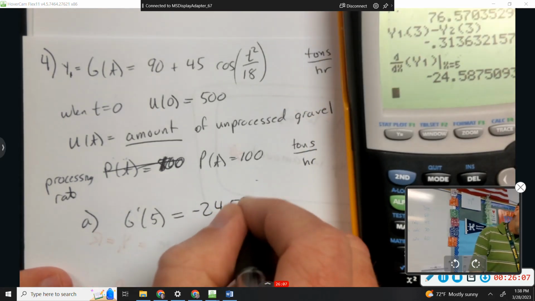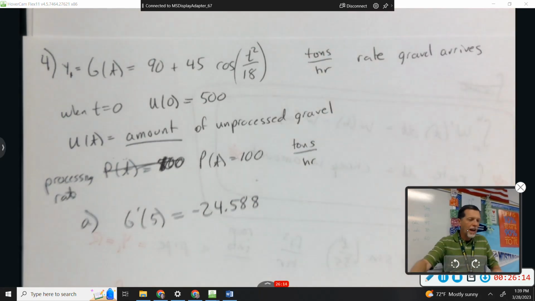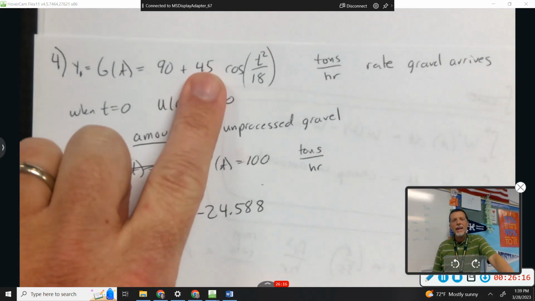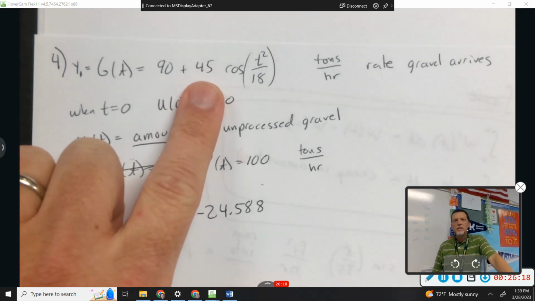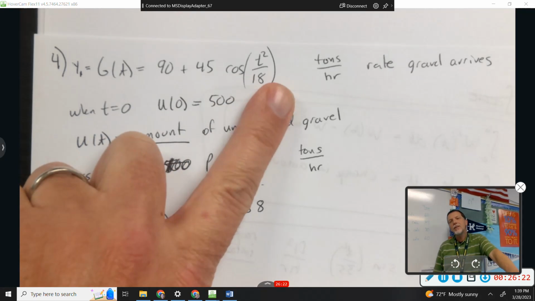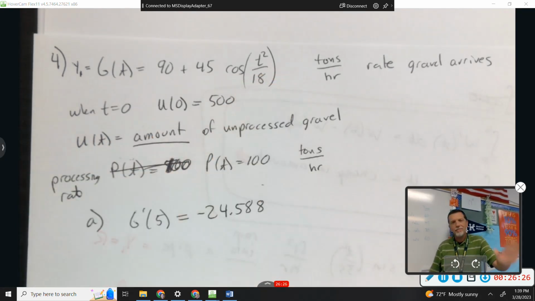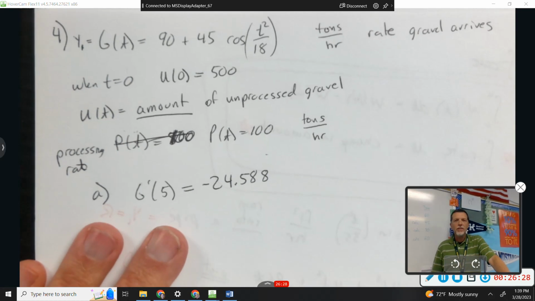And again, they know you have a calculator. They know that the calculator will do this, so you do not have to find G prime by hand. But you could. It would be a sine and then a chain rule with a 2t, but I'm not worried about that. The calculator does it, so we're good.